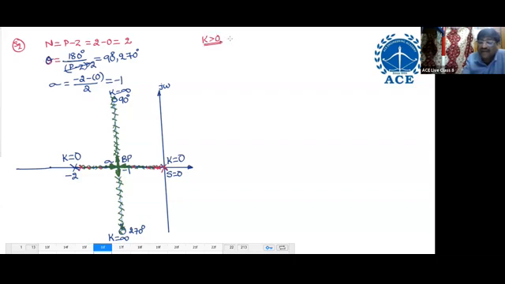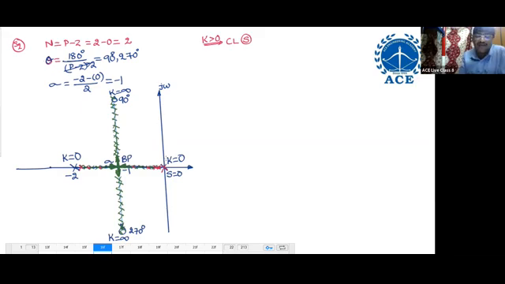Then I can say that the closed loop system is stable, because the complete root locus branch lies in the left hand side only. For whatever values of K, the root locus branches lie in the left hand side. For all that range of K values, the system is stable.